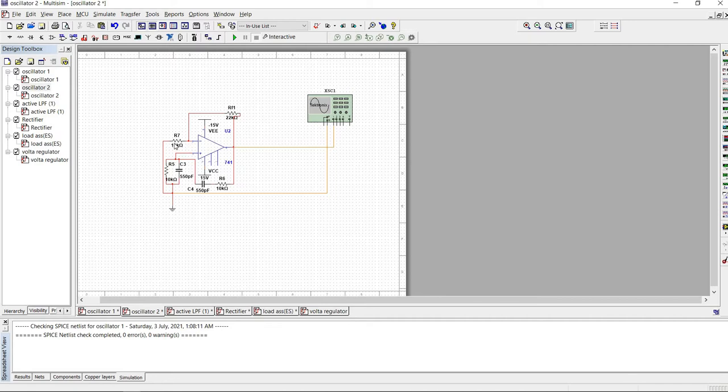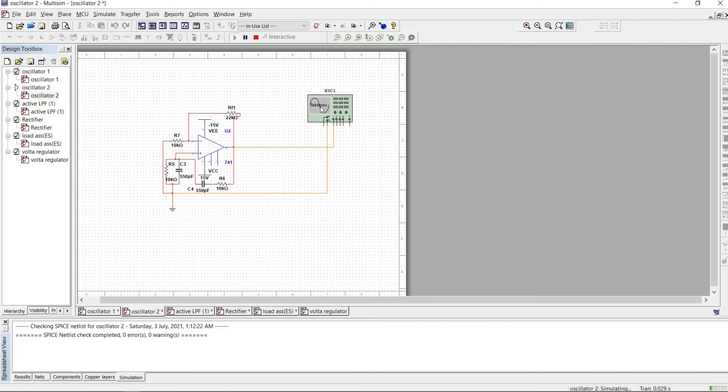So for my capacitor 7, we take a value of 10 kilo ohm, so that my resonance frequency 1 is more than my capacitor 7.